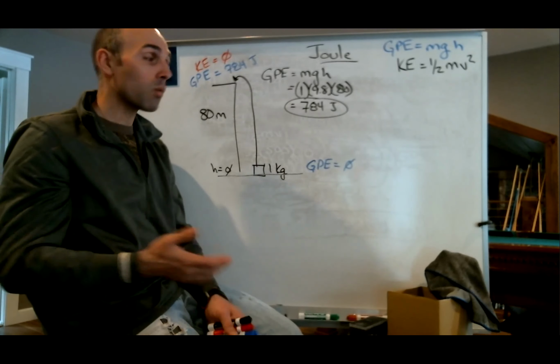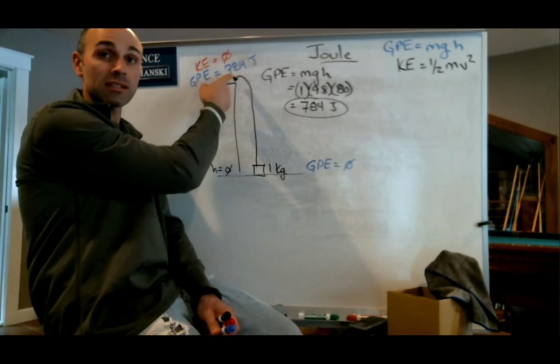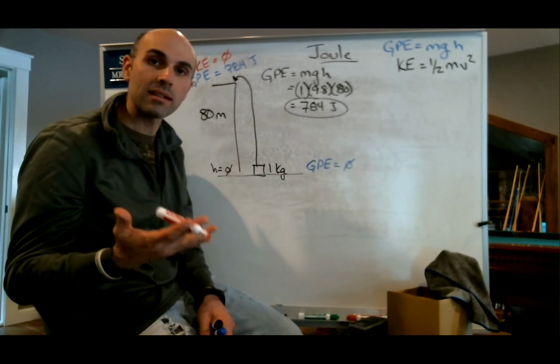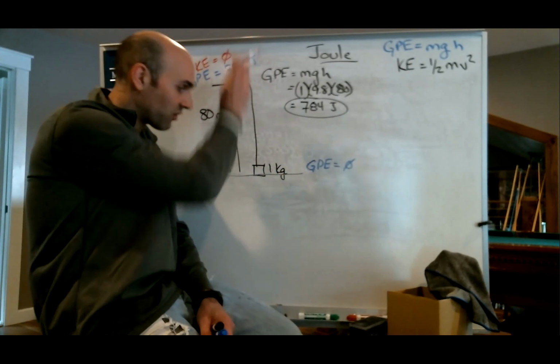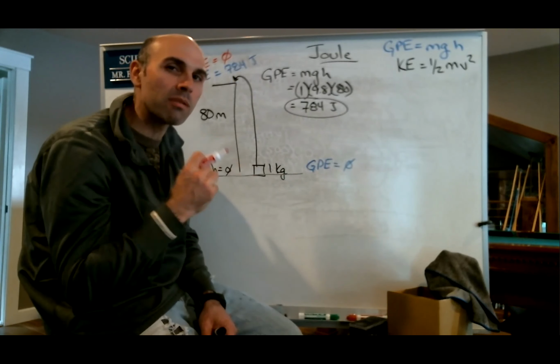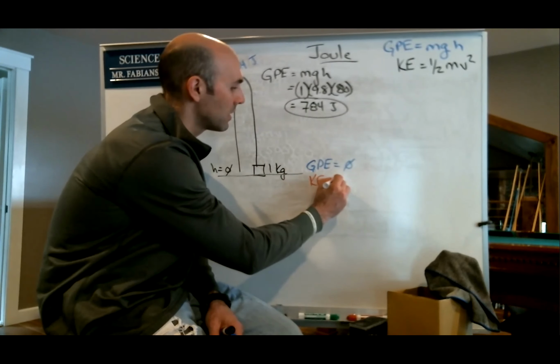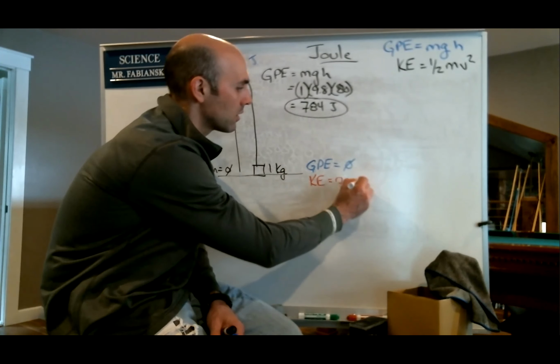So when you have 100% gravitational potential energy at the top and 0 kinetic energy, you have 0 gravitational potential energy at the bottom and 100% kinetic energy, because that box just fell all the way down, and right before it hit, it reached its maximum velocity, which gave us a KE of 784 joules.